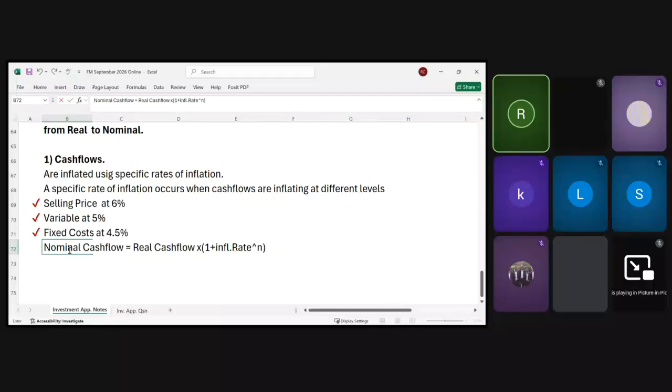So our specific rate of inflation is 6%, so 1 plus inflation rate.